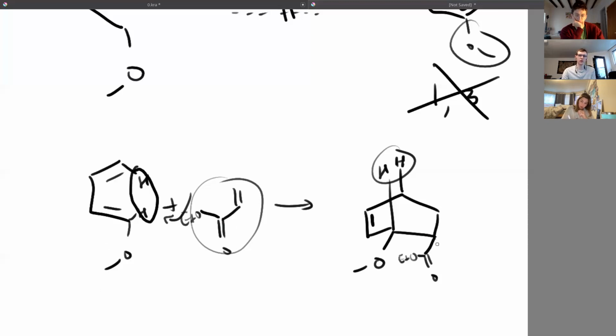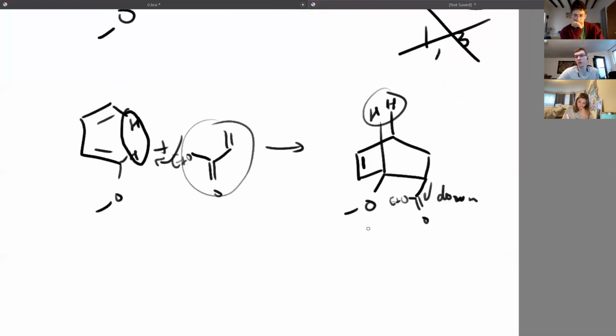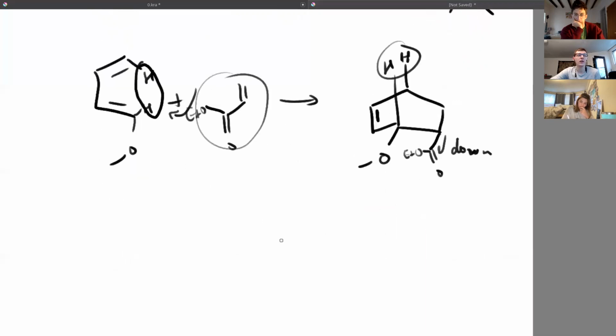Okay, this is pointing down. All right. And so that's what you can do. And I know for other sections of Orgo, drawing something that looks like this would be totally okay and accepted as an answer. If you want, or if Dr. Tong wants you to, you could draw this as a flat planar thing too.